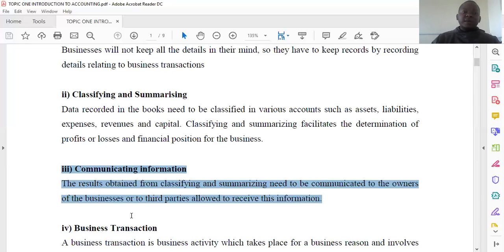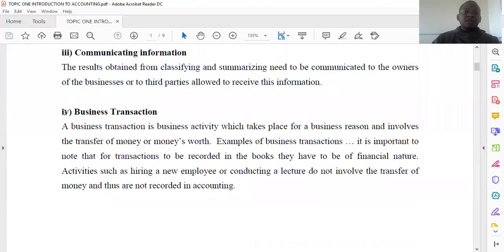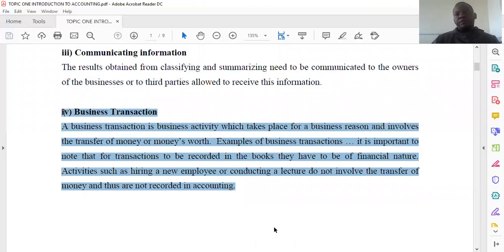And then another key element of a financial accounting definition is business transactions. I've talked repeatedly about accounting being the process of recording business transactions. Transactions are a key element in accounting. A transaction is defined as an activity which takes place for a business reason.